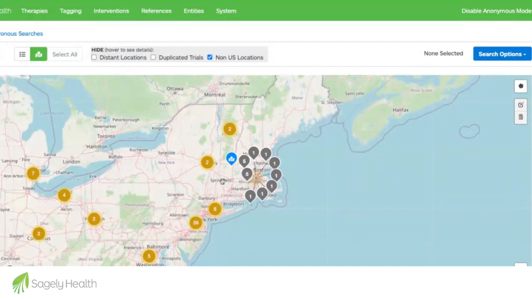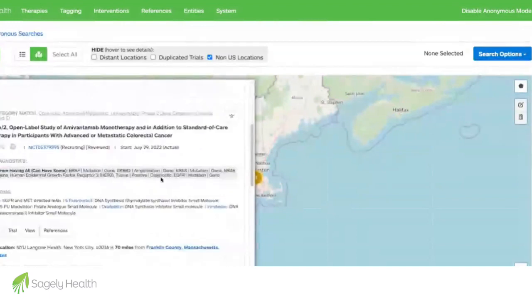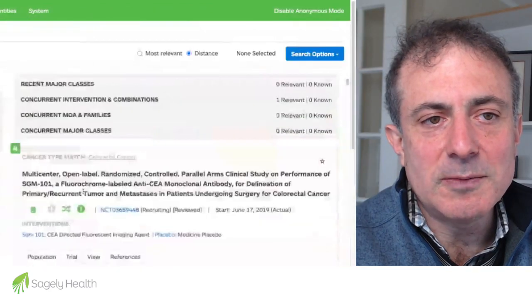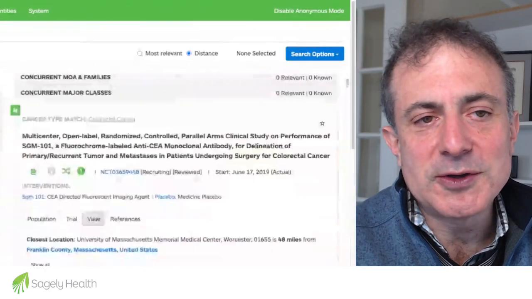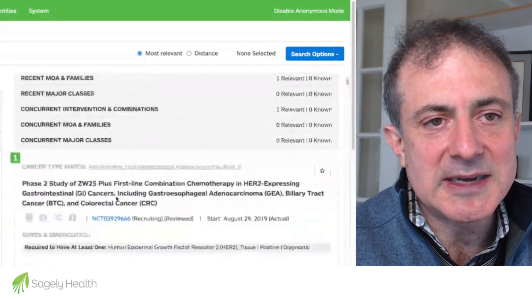We have a nice feature here where we can dive in and take a look at a map and see exactly where these are. Before I was looking in the Boston area, but there's also a bunch in New York, and some in upstate New York that could be within reach. We've built our system so that we can dive into any of these at any point in time and take a closer look.